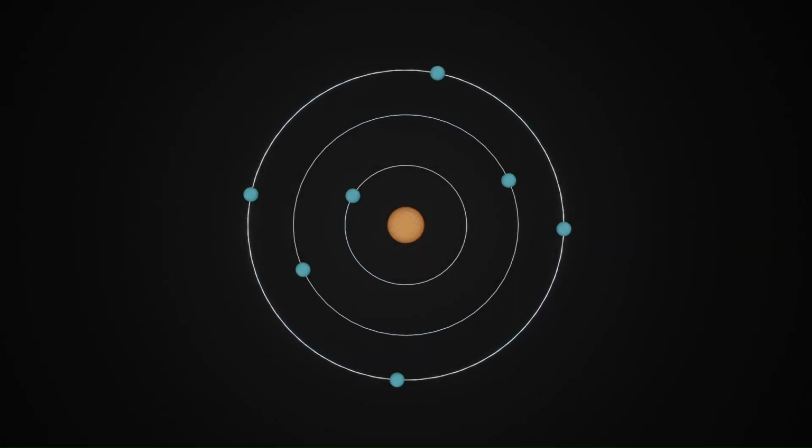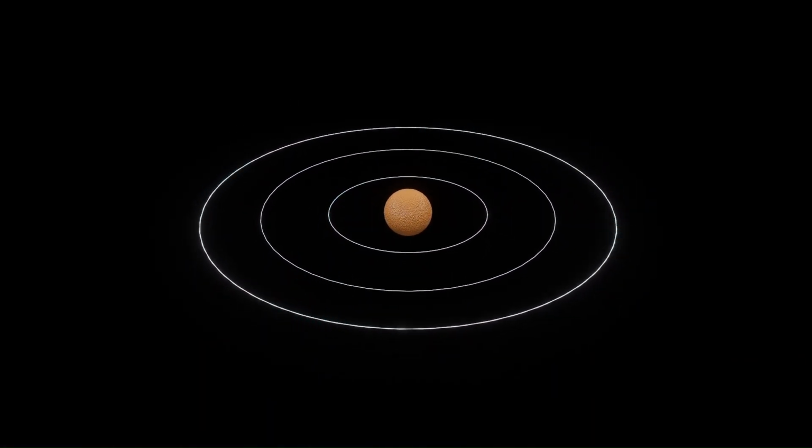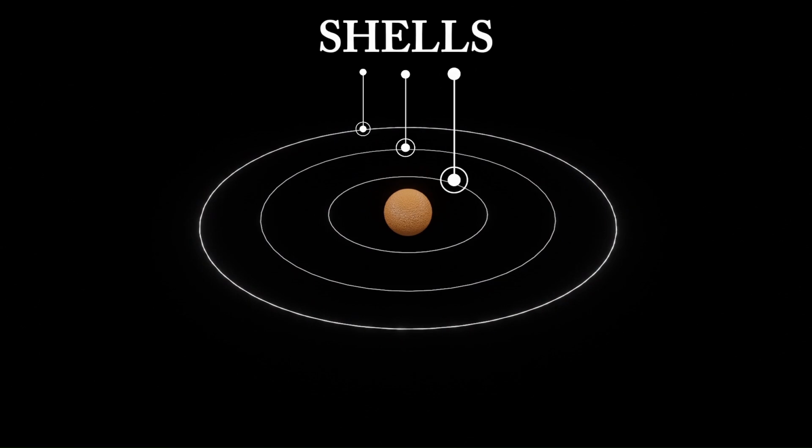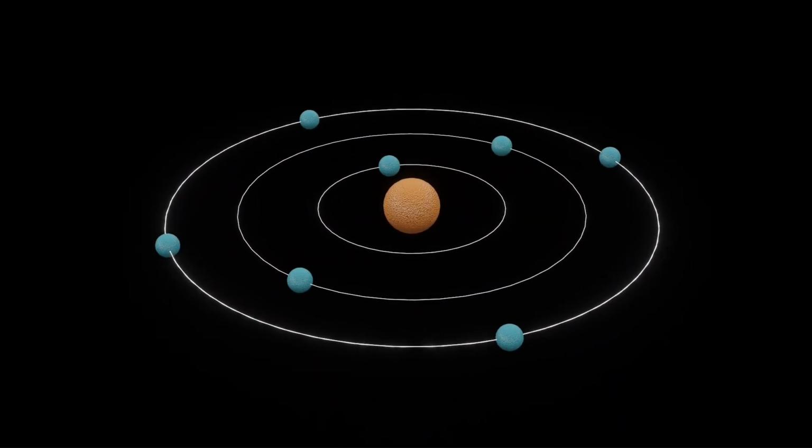In 1913, a brilliant Danish physicist, Niels Bohr, proposed that electrons move in specific orbits around the nucleus, kind of like planets orbiting the sun. In Bohr's model, these orbits are called shells. Shells are not random, they are quantized, meaning only certain shells are allowed.